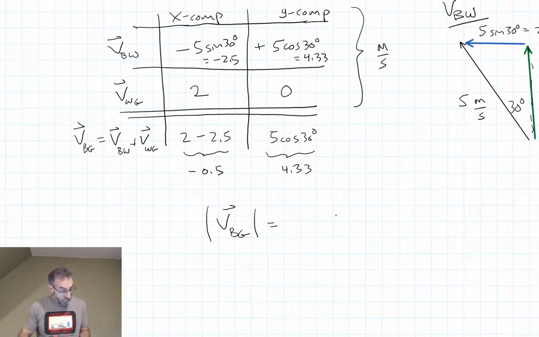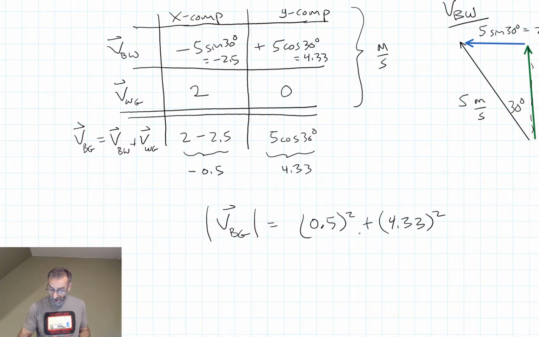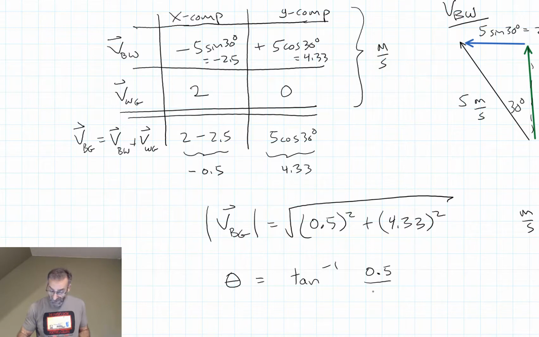The magnitude is the square root of 0.5 squared plus 4.33 squared, and that's going to be in meters per second. The angle is the inverse tangent of 0.5 over 4.33.